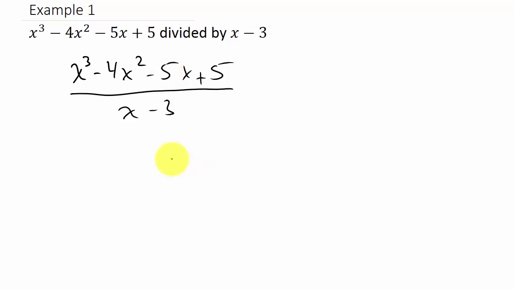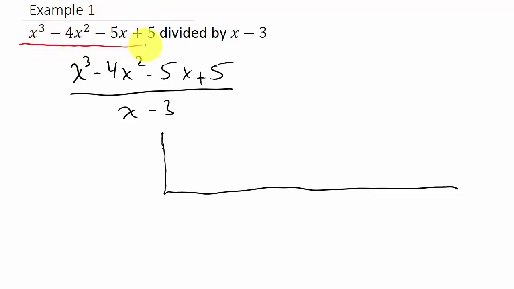First thing, let's draw this. For the numbers going along here, we're going to use this polynomial. The numbers that we write down would be the 1, -4, -5, and 5.